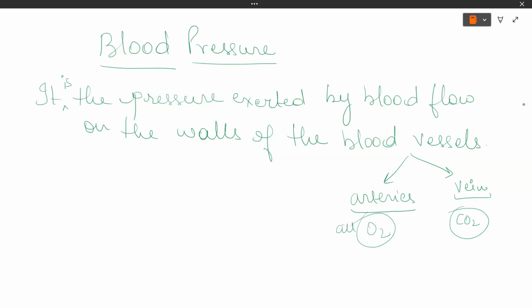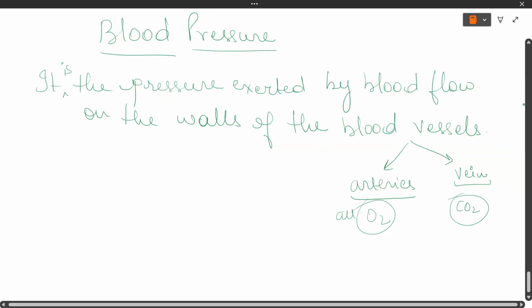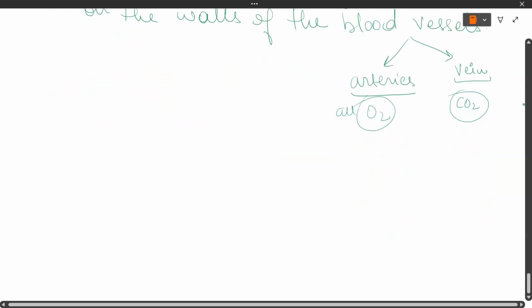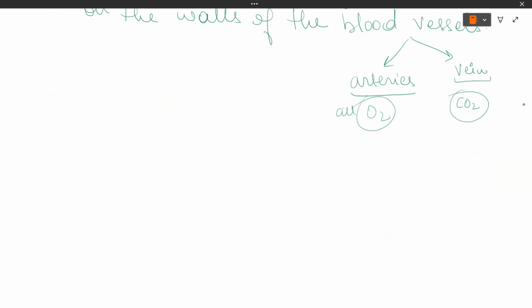Now see, here are two things that you have to understand. Do you remember from the previous class, I told you whenever the auricles contract, the blood will flow into the ventricles?